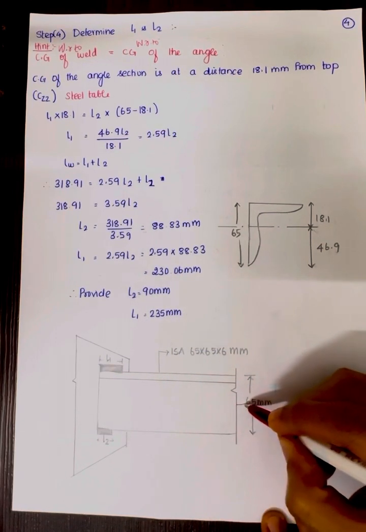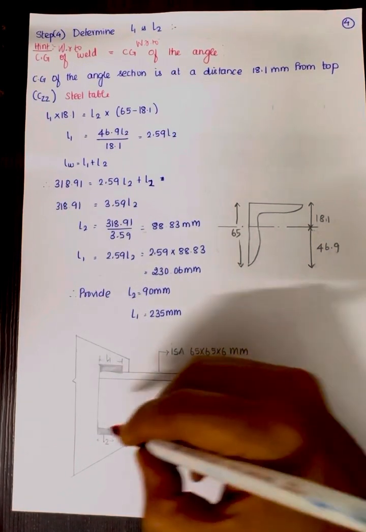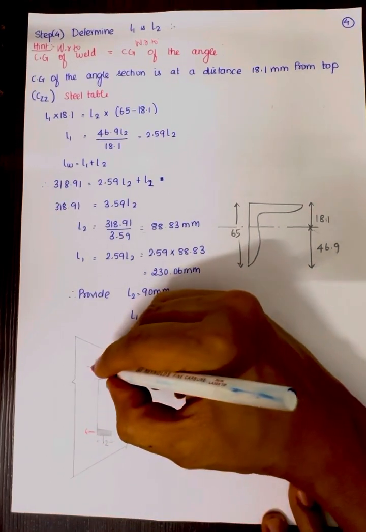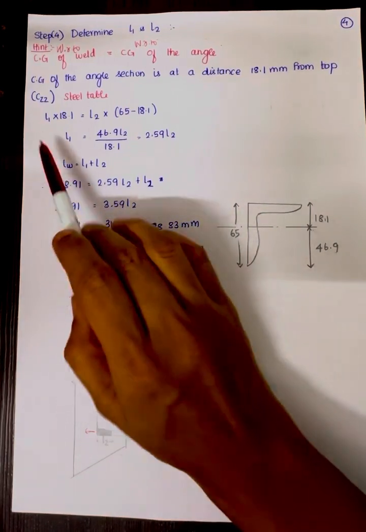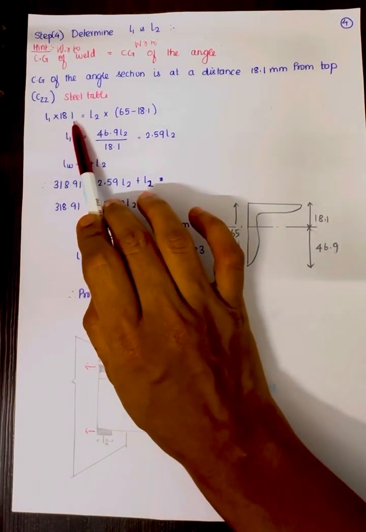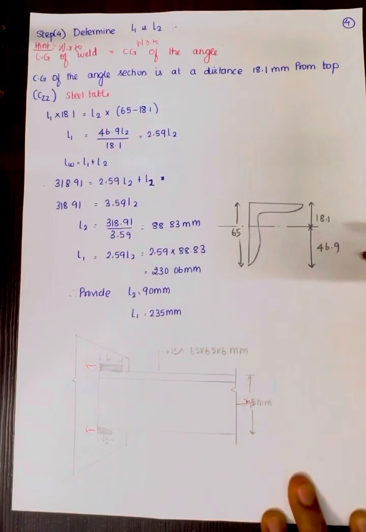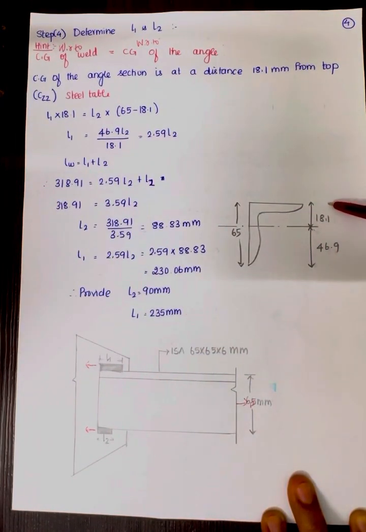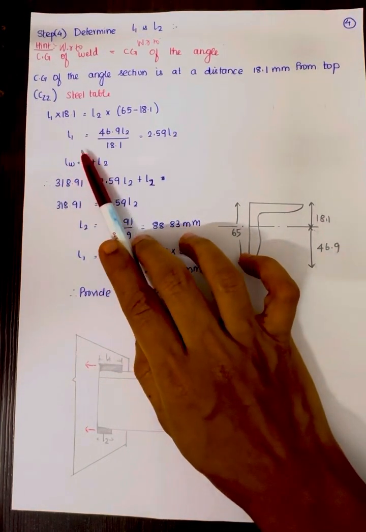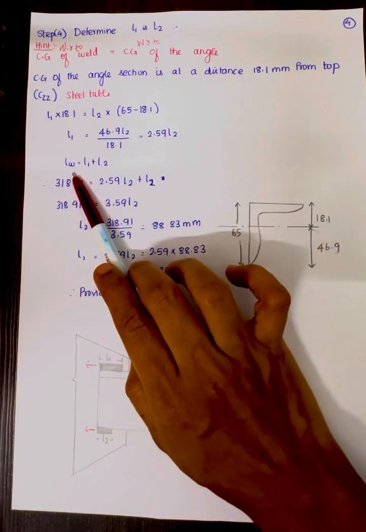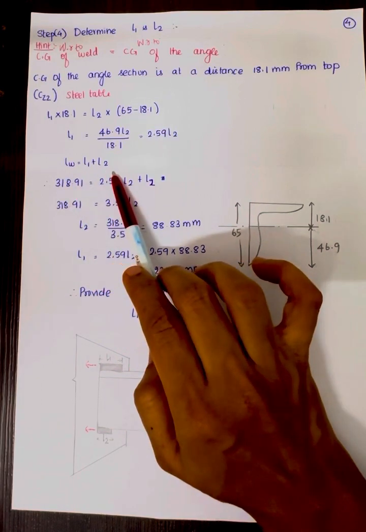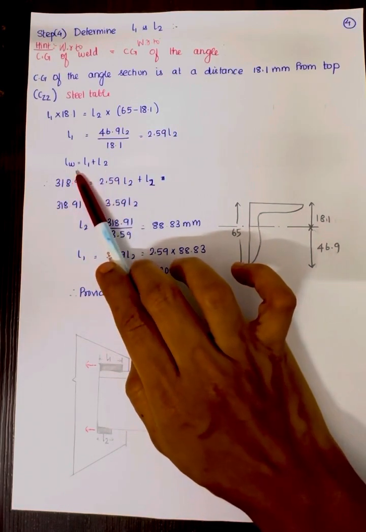Here the load will be that P, and here it is opposite P1 and P2. So you can see it is a simply supported condition. So L1 into 18.1 is equal to L2 into the other distance. L1 into this one is equal to L2 into this one. You can take any of it as L1 and L2. So from that you can identify L1 in terms of L2. We know LW is equal to L1 plus L2. Right? So what is LW?